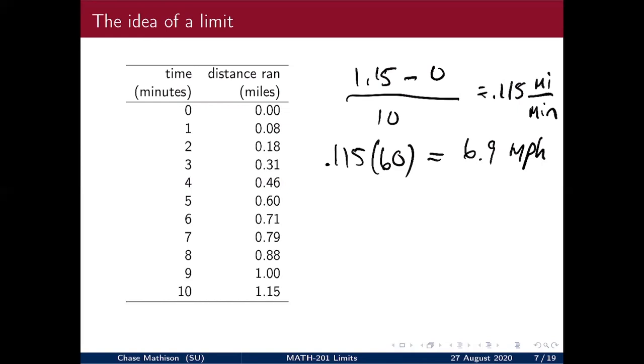But what other information might I be able to use to get a better guess at my speed? Another way to think of it is we've only used this bit of information and that bit of information. Look how much more information there is on this table. So what other information would you like to use from this?